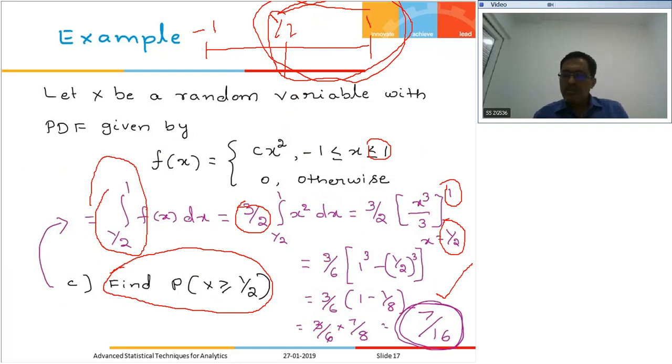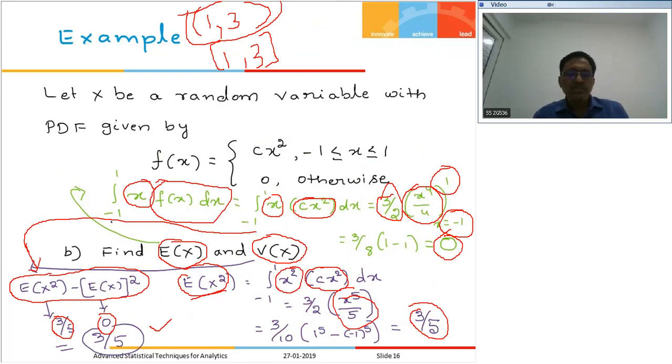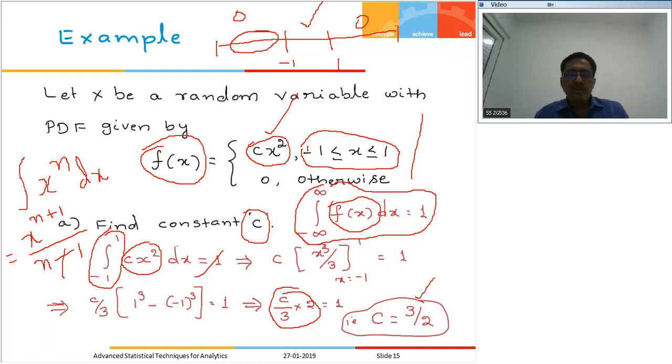Going to the previous slide, how has C been derived to 3 by 2? Very simple. The interval in which this lies is -1 to 1, and we know that total probability is 1. So we integrate this and equate it to 1.